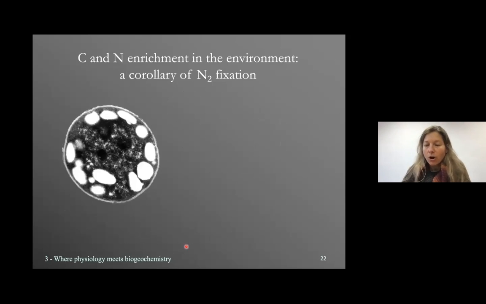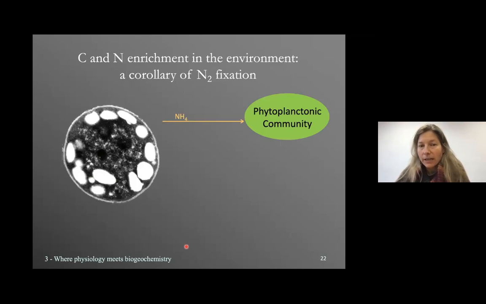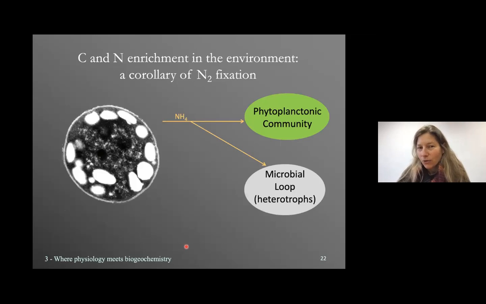So the corollary of all this, when we go to larger scales, is that the diazotroph releases ammonium when fixing nitrogen. This directly stimulates the phytoplankton community, but bacteria also very much like ammonium. So the activity of diazotrophs also stimulates the microbial loop.